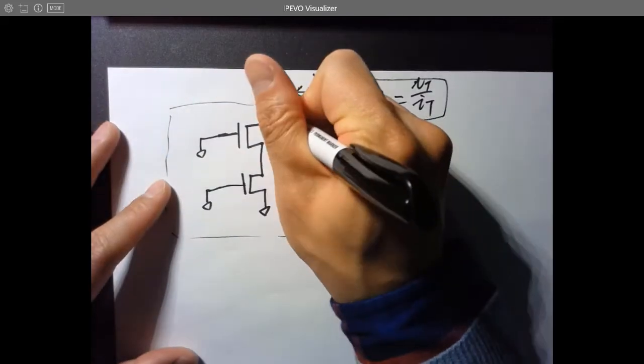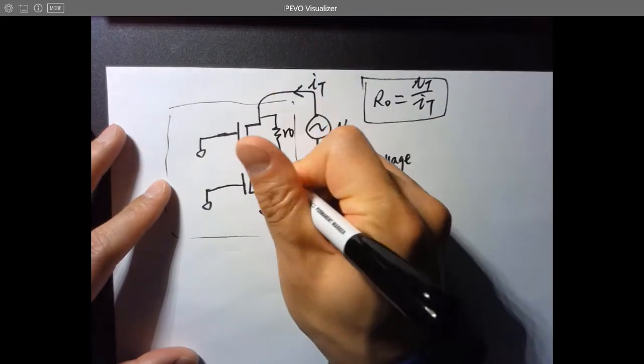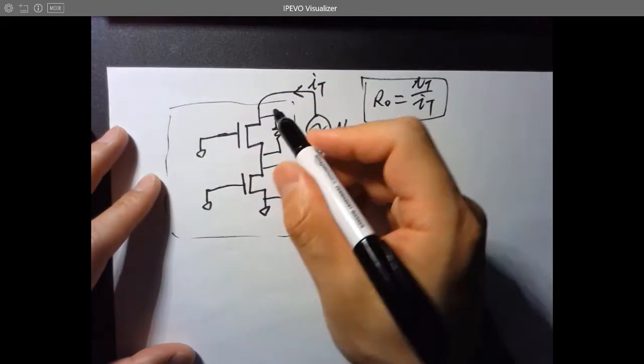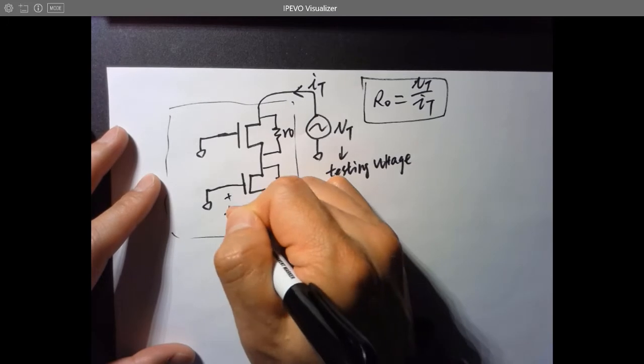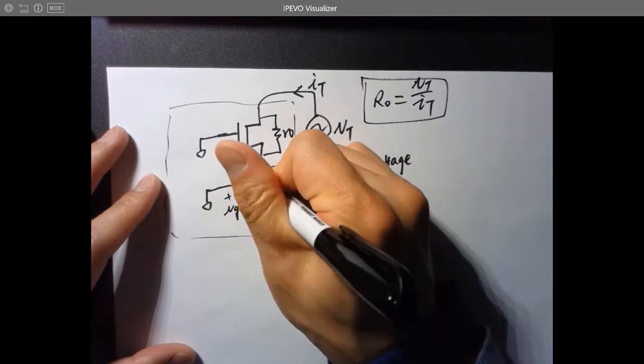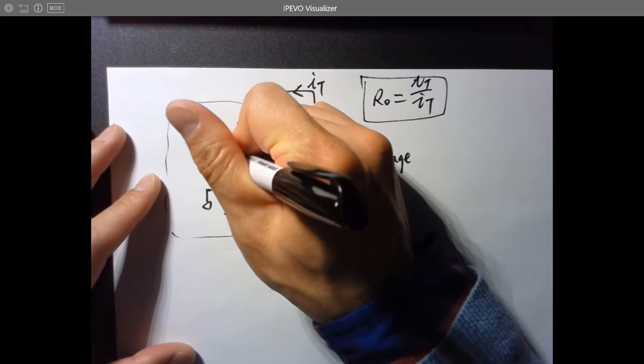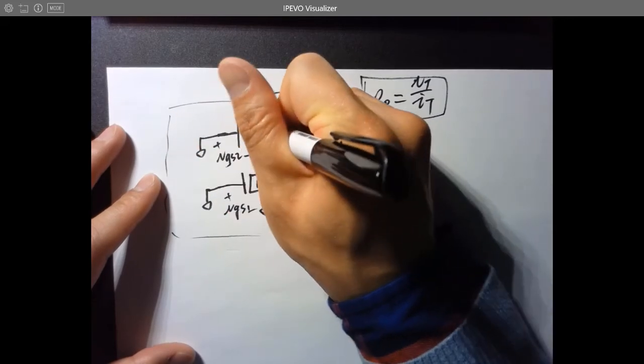Okay, RO, and there will be a little VGS1. So this is M1, this is CMOS one, and that's a little VGS2 because this is M2.